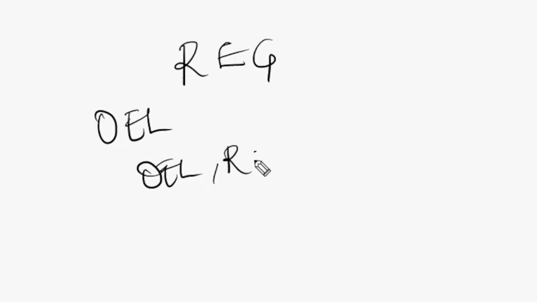The way I learned this, we were always told OIL RIG. So oxidation is electron loss, reduction is electron gain, and that's OIL RIG. That's basically how I learned mine, and I think it will be easier for you when you memorize this mnemonic. It will help you a lot to always recall what oxidation involves and what reduction involves.